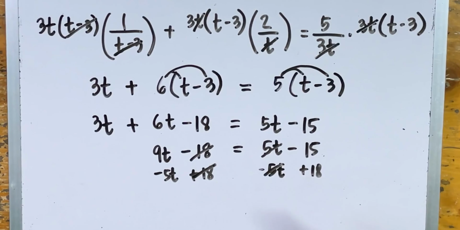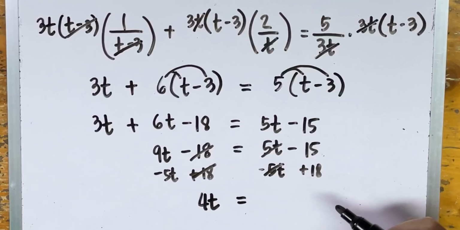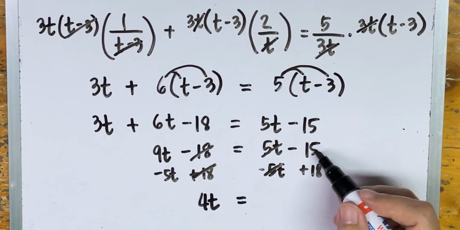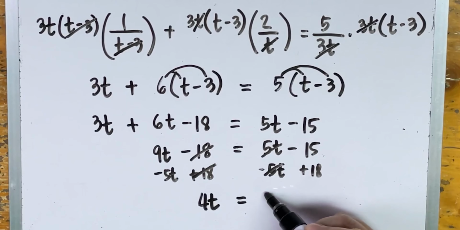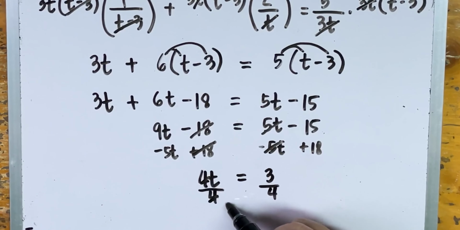Also this, ito rin. 9t minus 5t is 4t equal to negative 15 plus 18 is 3. Okay, solve for t. We divide it by 4. So t is 3 over 4. Ito yung final answer natin.